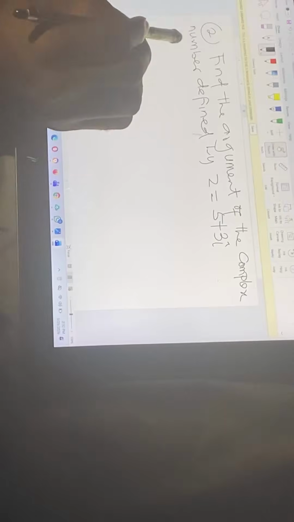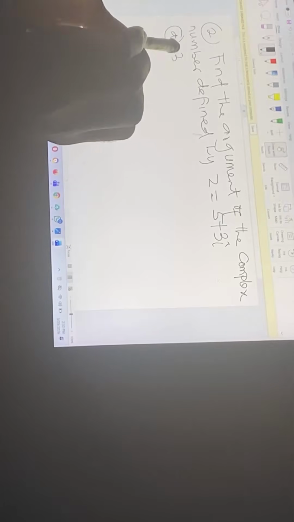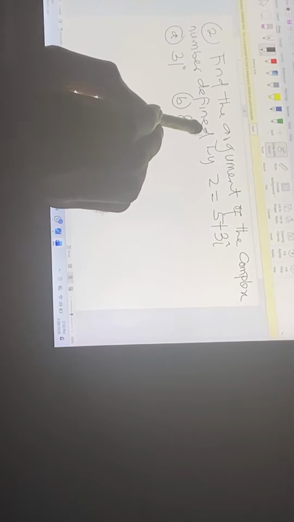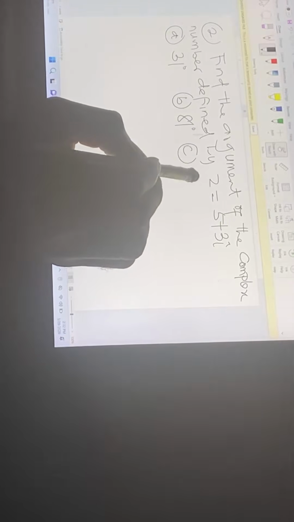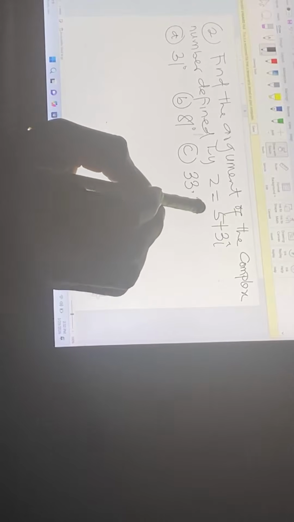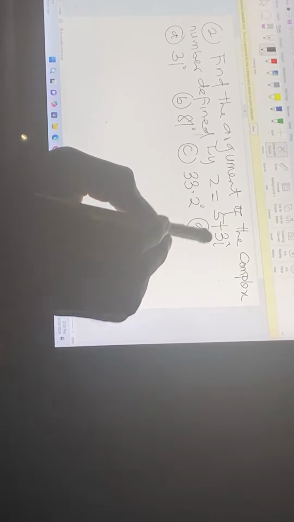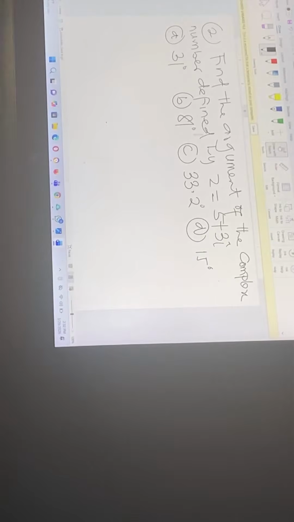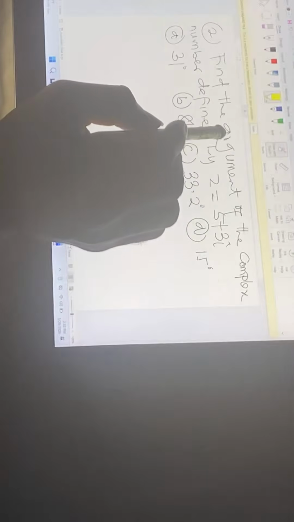So the options here, A, they gave us 31 degree, B, 81 degree, C, 33.2 degree, D, 15. Of course, this word argument here simply means angle.